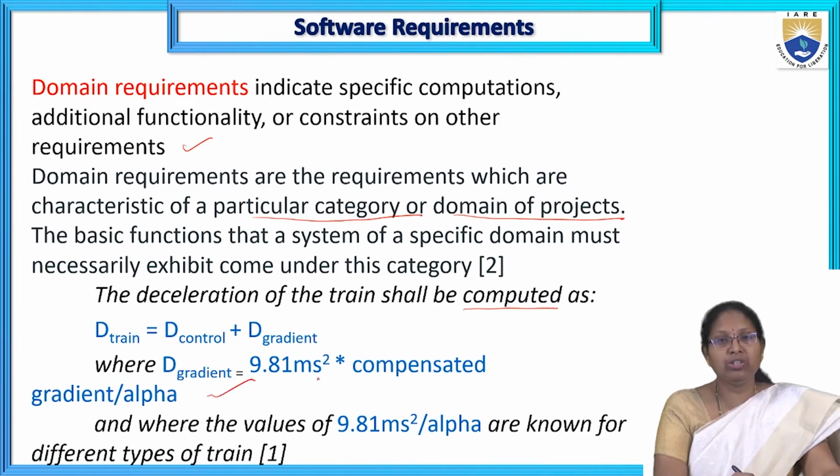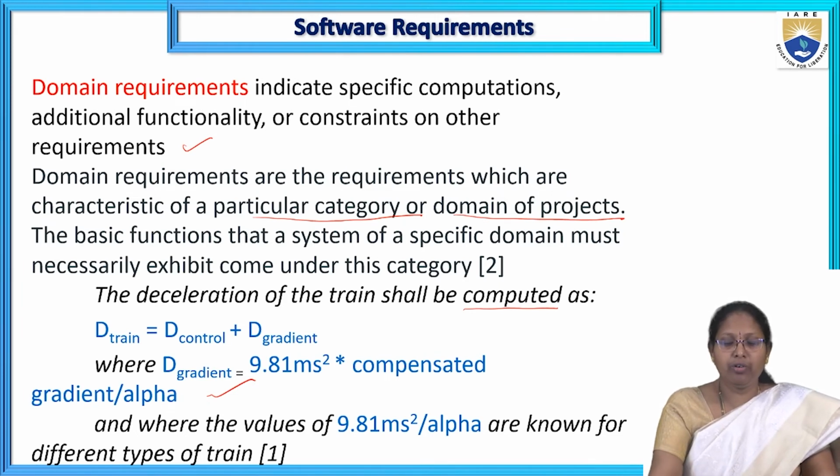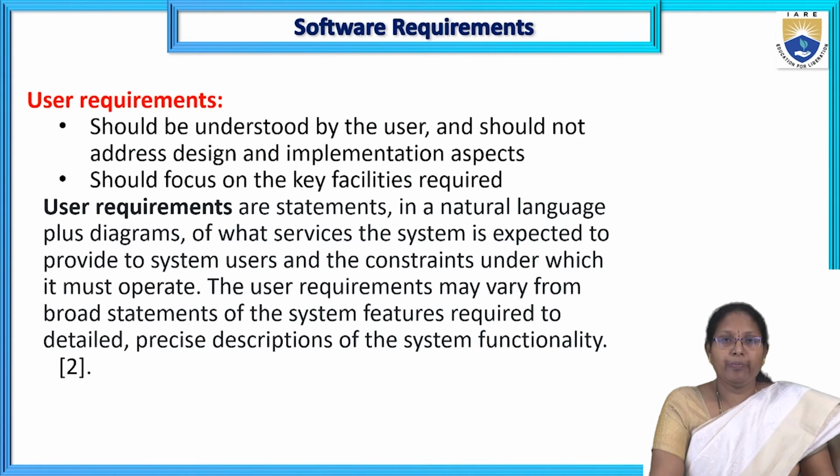D gradient is equal to 9.81 meters per second squared. This is an example of a domain requirement. Whenever the values are there, only then do we compute some other value. That's why those are called domain requirements. So functional requirements are completed, then non-functional, then domain.